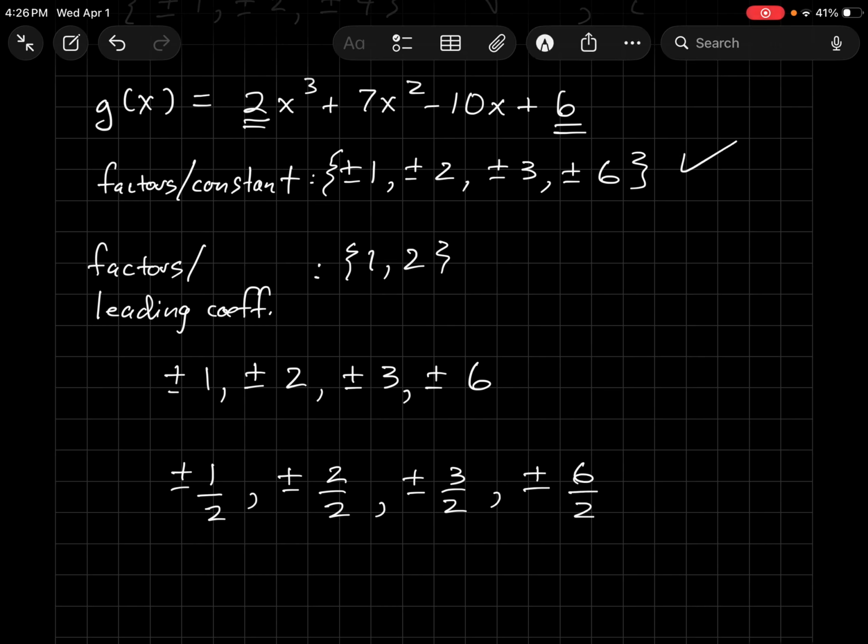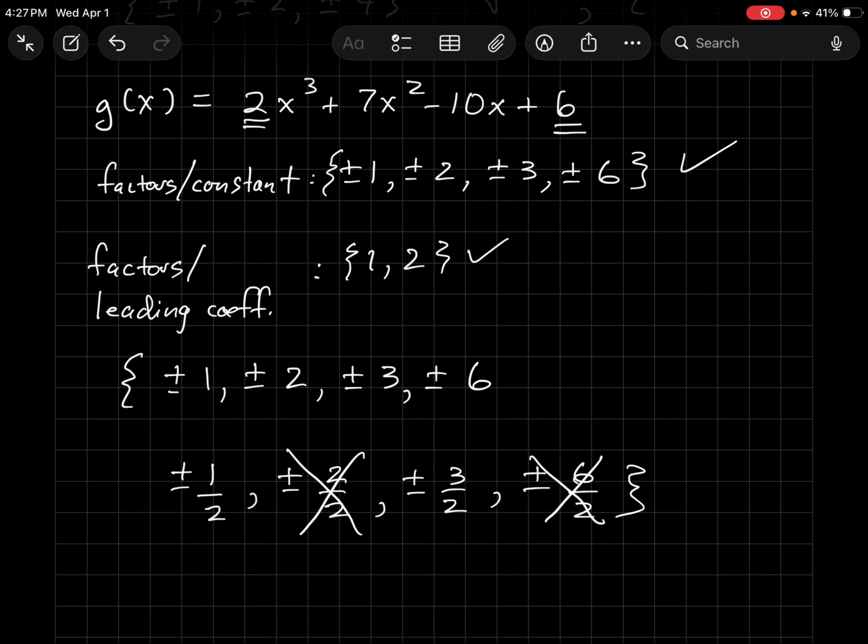So all of these divided by all of these individually or in turn. So all of these are the possible rational roots. But then I go back and look to see if I have any repeats. I see that 2 over 2 is 1, so I don't need to repeat that one. 6 over 2 is 3, which I already have up top. So what's left over are the possible rational roots.